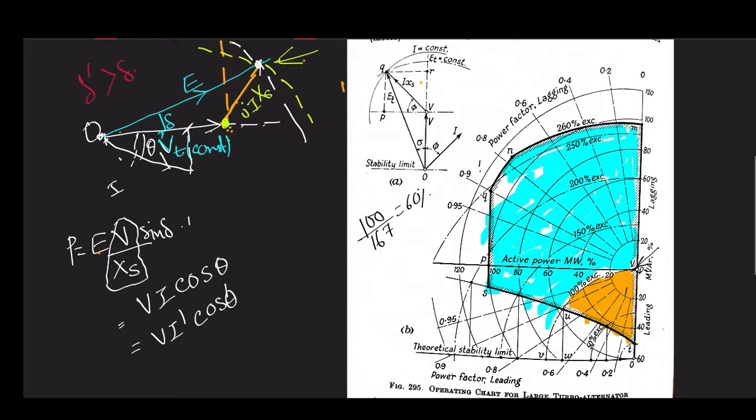Obviously, in addition to your MVAR, it is going to change your MVA. That MVA, when you are taking a particular machine, is the machine stator current. So this part is due to stator current.